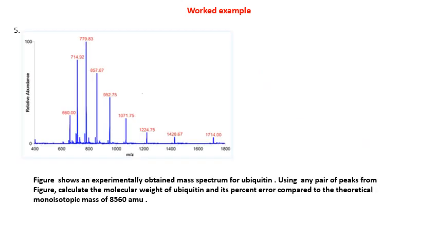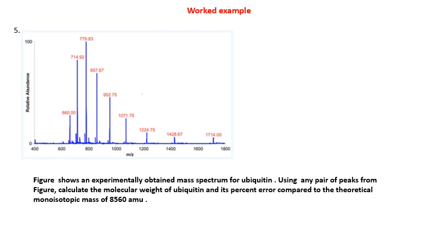Let's try out an example related to ESI mass spectrum. This is the ESI-MS mass spectrum of a protein molecule, ubiquitin. This figure shows an experimentally obtained mass spectrum for this protein.